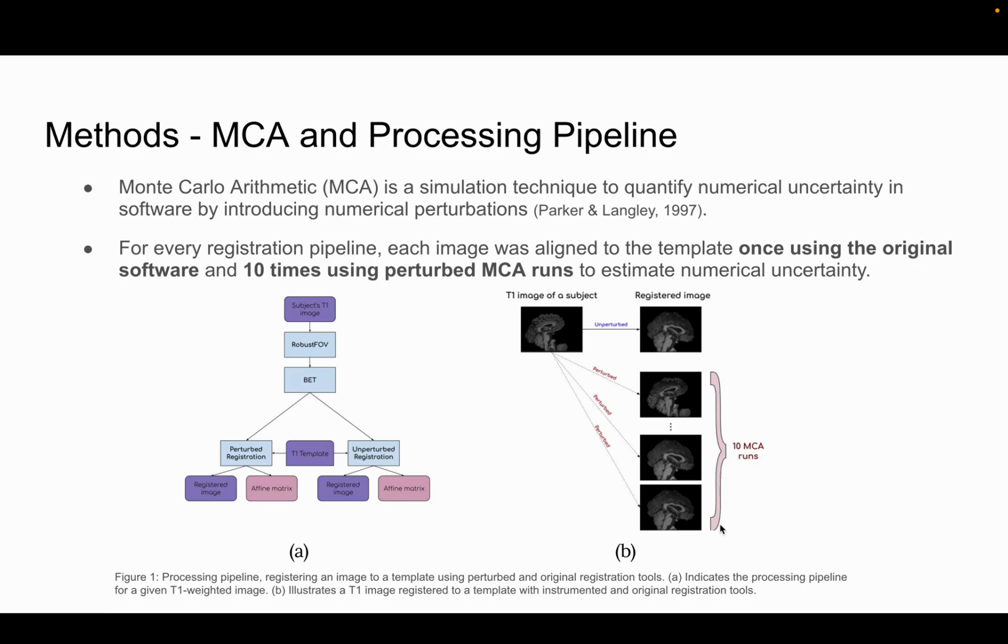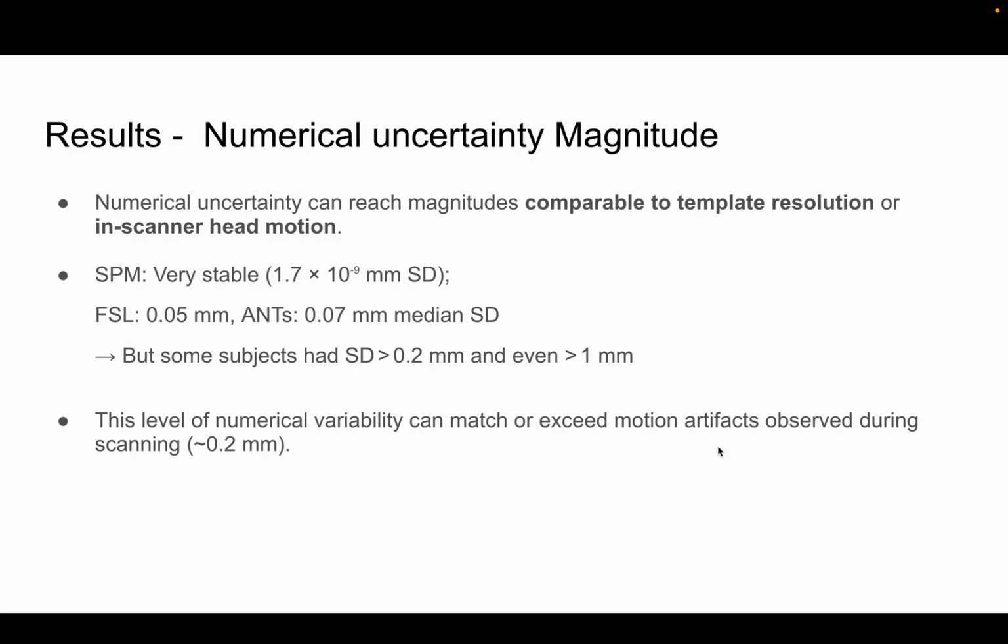We frame the uncertainty as the variability across these 10 MCA runs.